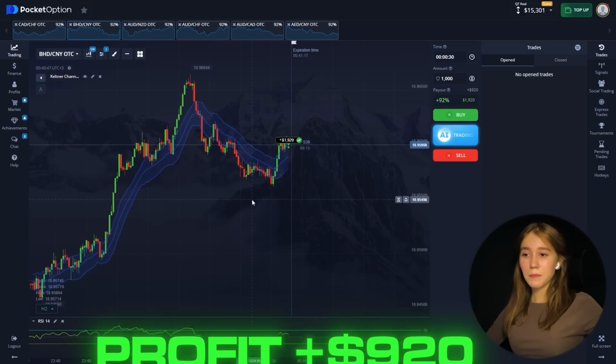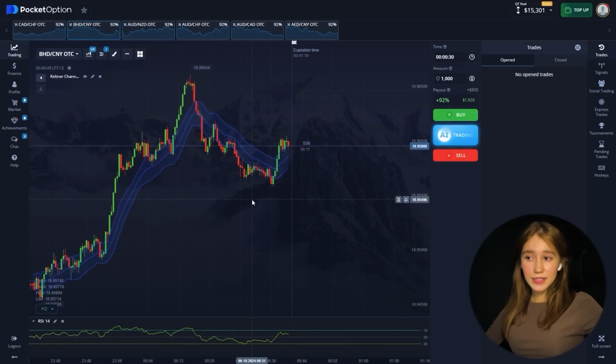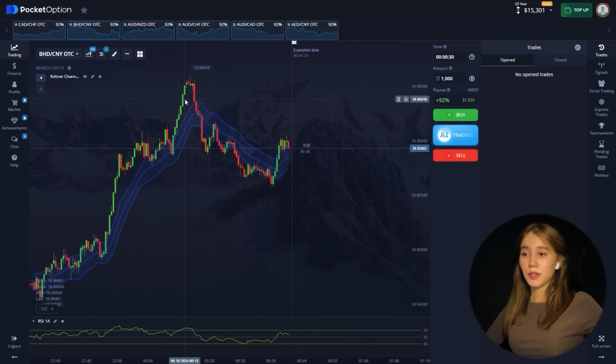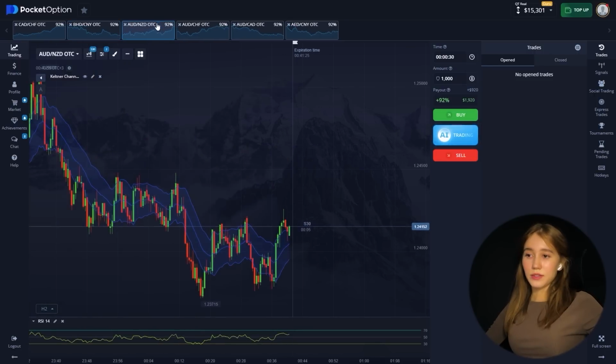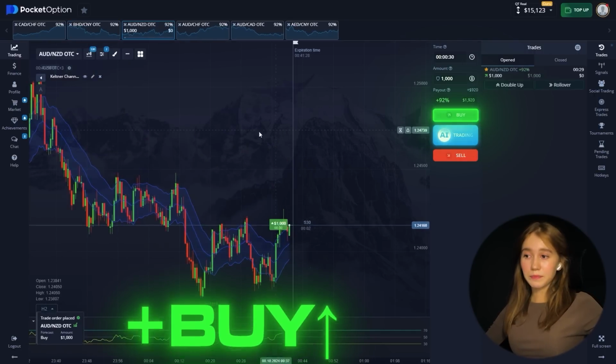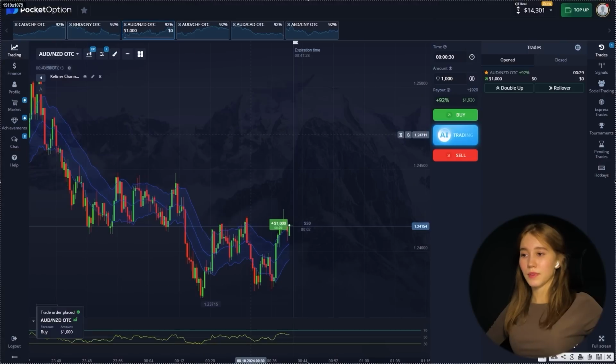Yeah, plus deal. It's directed upward by the Keltner channel, and we combined these indicators with RSI. So good. Meanwhile, we go to the third concept.